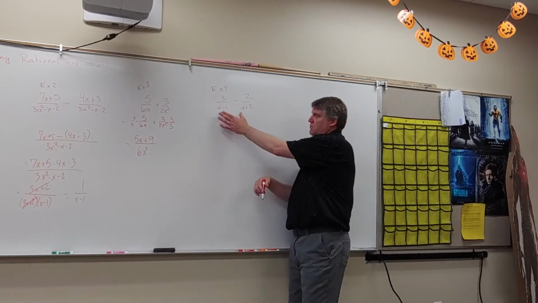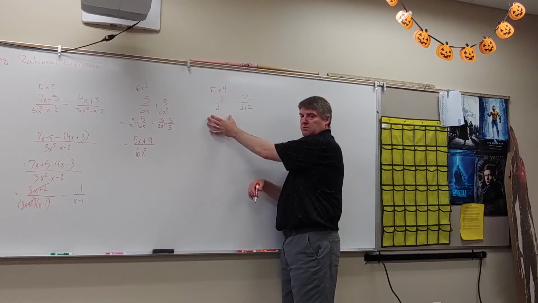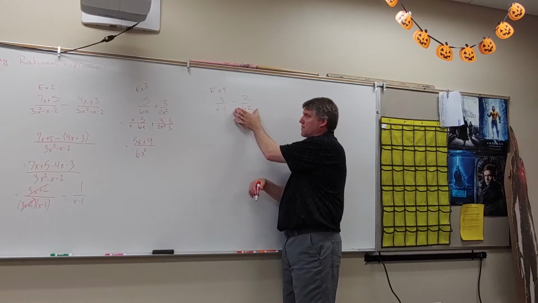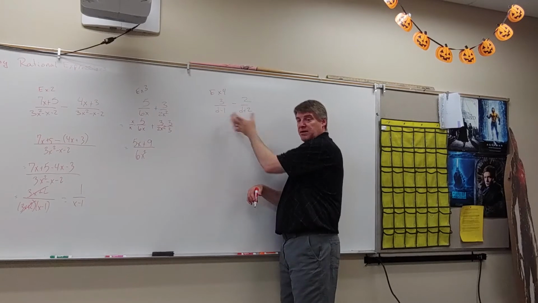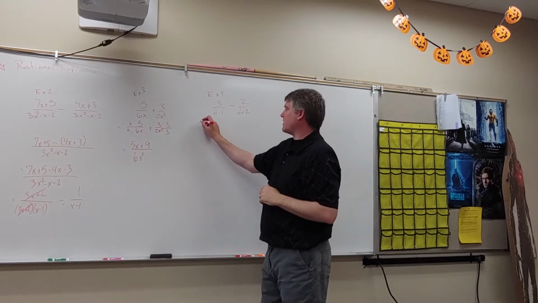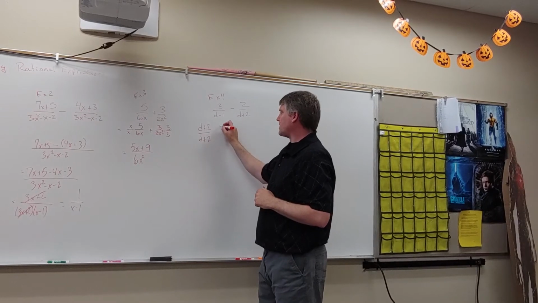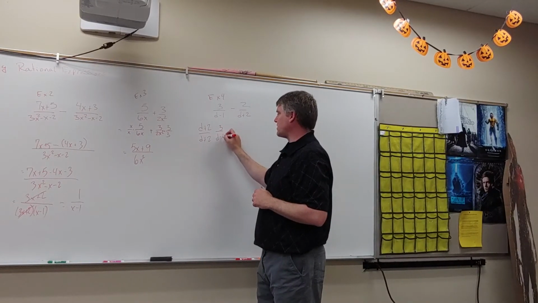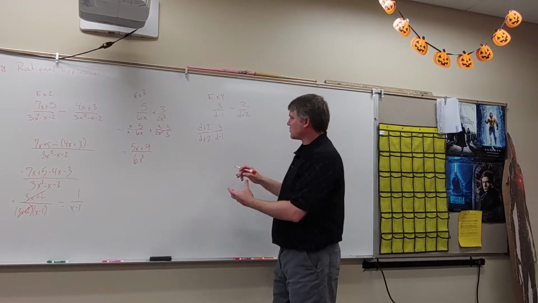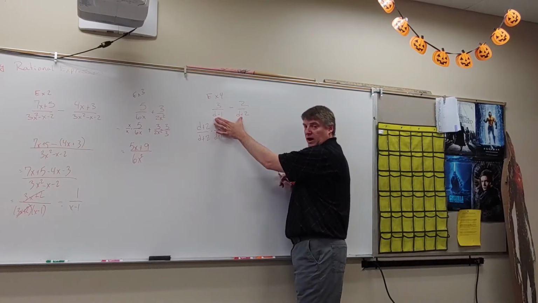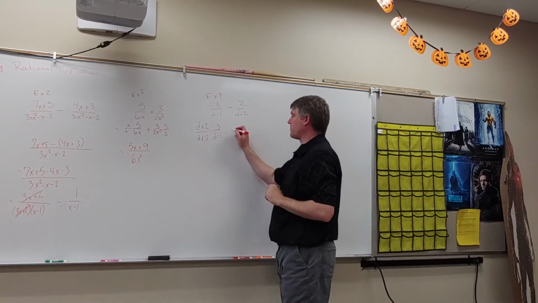So what I'm going to do is I'm going to multiply this fraction by d plus 2. I'm going to multiply this fraction by d minus 1. So I have d plus 2 over d plus 2 times 3 over d minus 1. Okay? So my common denominator is going to be the product of these two denominators.